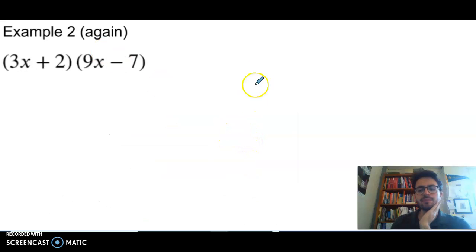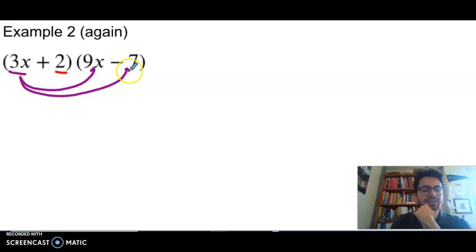We're going to do the same example now, but a different way. Here I have 3x plus 2 times this whole thing. I can do double distribution. I can do 3x times 9x and then 3x times negative 7. And then 2 times 9x and 2 times negative 7.